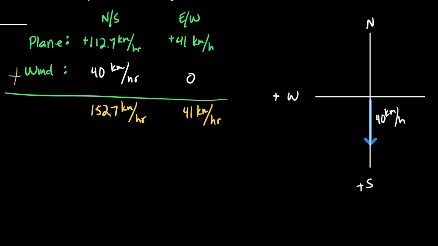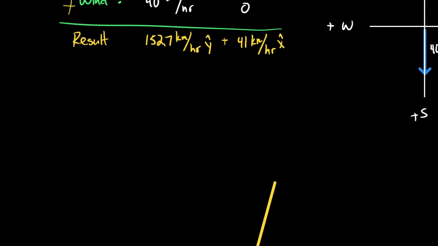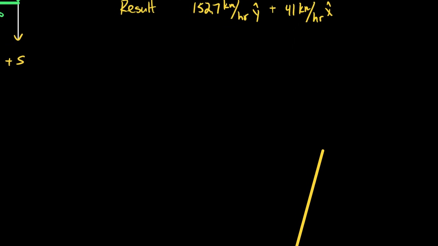Any questions about that? This is the result. And technically, I'd probably put this as y hat plus x hat, something to indicate that these are in different directions. So, convert our answer.